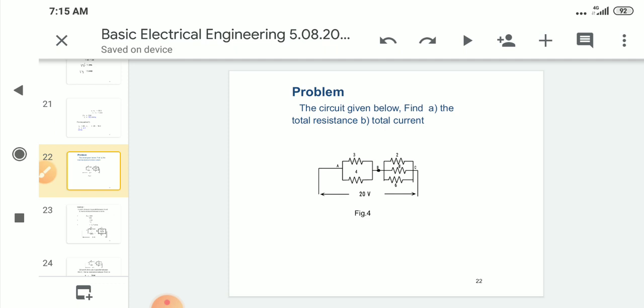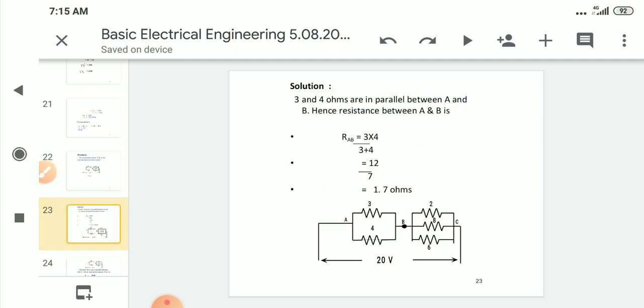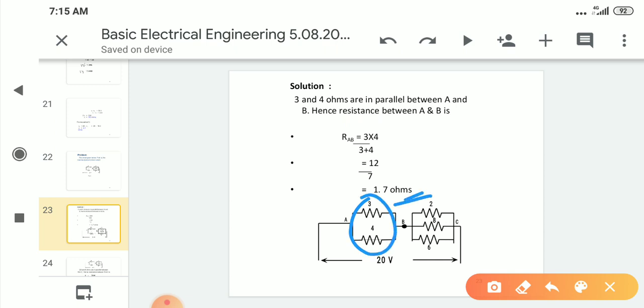Let's see the steps. Here 3 and 4 ohms are in parallel. So 3 into 4 by 3 plus 4. For this combination we are getting 1.7 ohms.